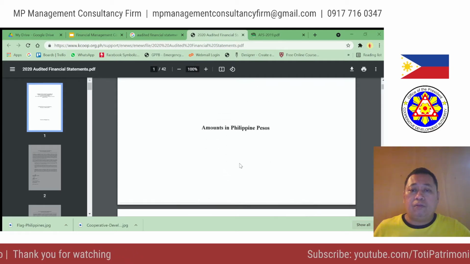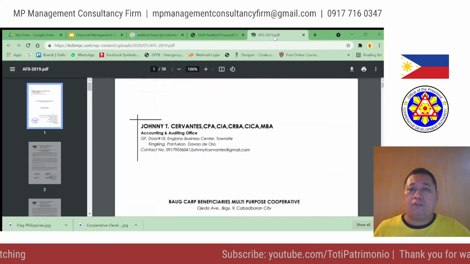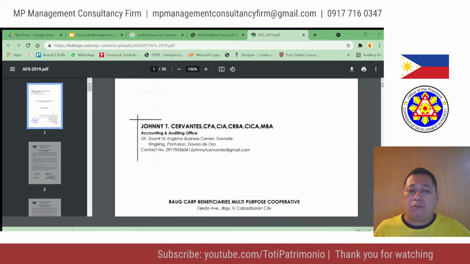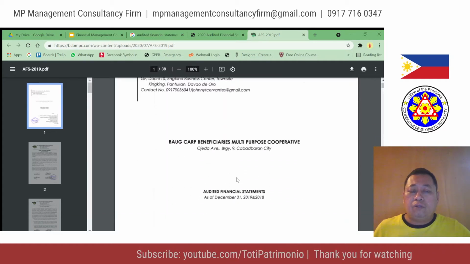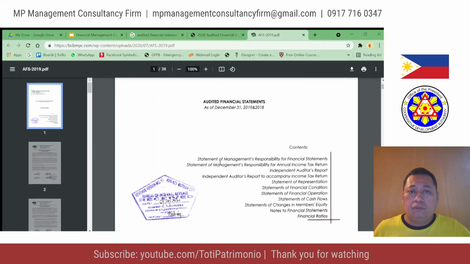Okay, amounts in Philippine pesos. This one is the statement of management responsibility for annual income tax return. The one here is the presentation of the Baog Car Beneficiaries Multipurpose Cooperative. So let's move down.